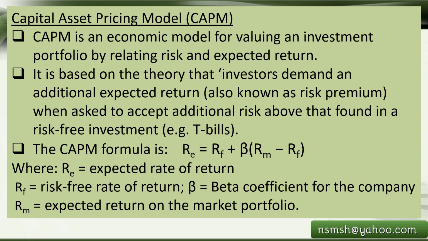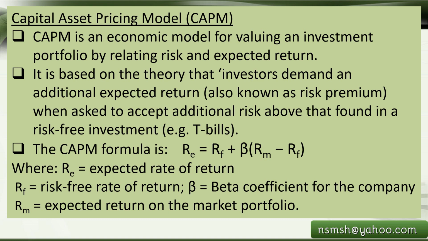Capital asset pricing model. The capital asset pricing model is an economic model for valuing an investment portfolio by relating risk and expected return. This is also one of the models to find the value of an investment portfolio. It is based on the theory that investors demand an additional expected return, also known as a risk premium, when asked to accept additional risk. So whenever there is a higher risk, they need additional return.